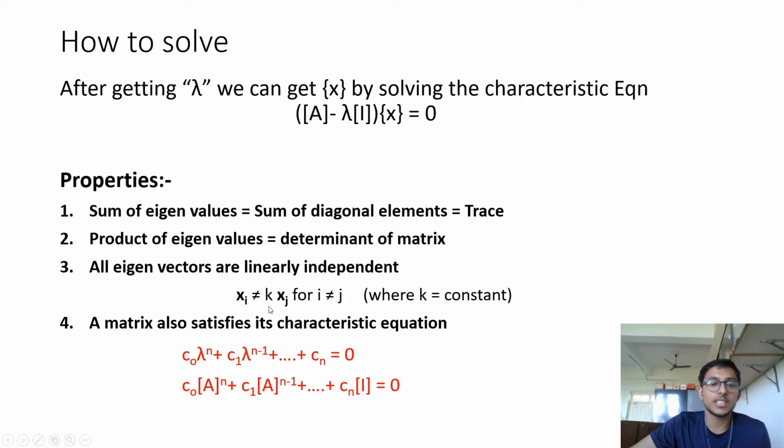I have written this for only two eigenvectors. If there are multiple, you can write plus k2 x2 plus k3 x3 and so on, but we won't be able to write any eigenvector as a linear combination of the other eigenvectors.